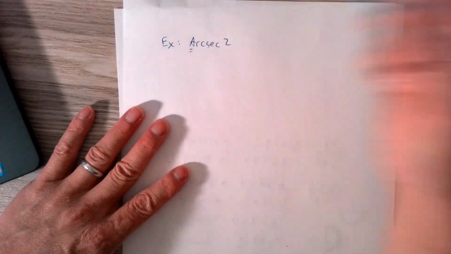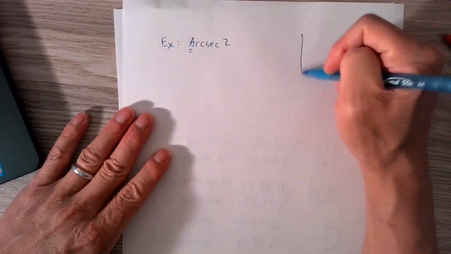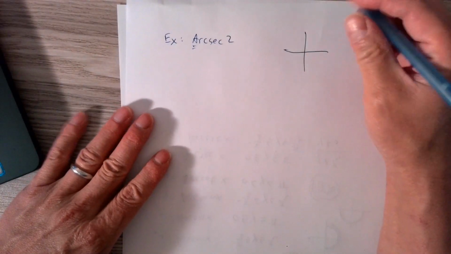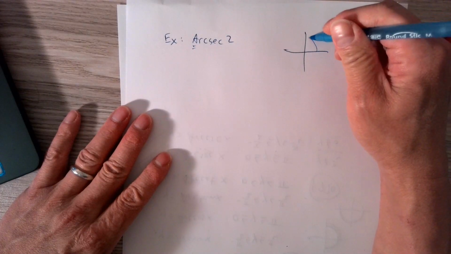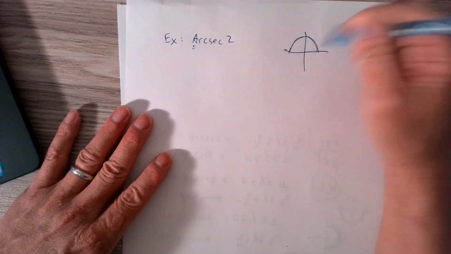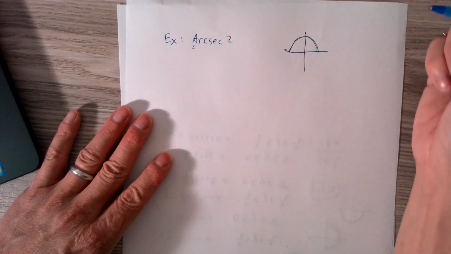And it's capital A, so, and this is where you need to memorize these ranges eventually. So where am I limited? I am only going to worry about these two quadrants, 1 and 2. So where is there a secant of 2?